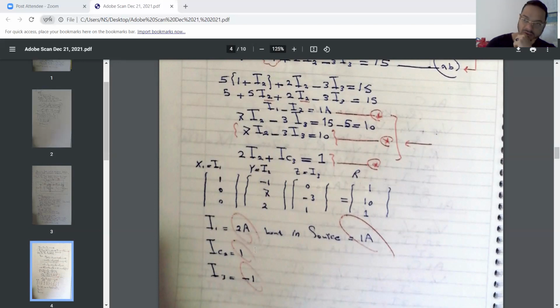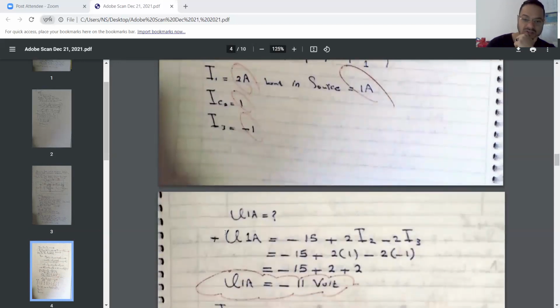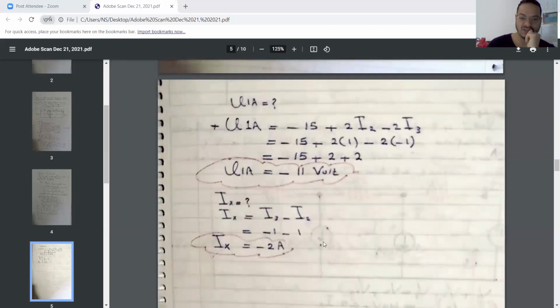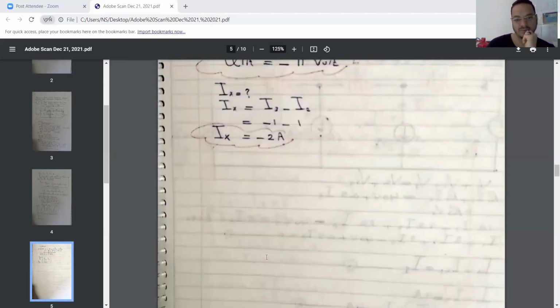The others are right: I2 equals 1 ampere, I3 equals minus 1, and after that, like we know, V1A equals minus 15 plus 2I2 minus I3. When we have all of these results, we can calculate it easily: it equals minus 11 volts, and IX equals I1 minus I2, equal minus 2 ampere.